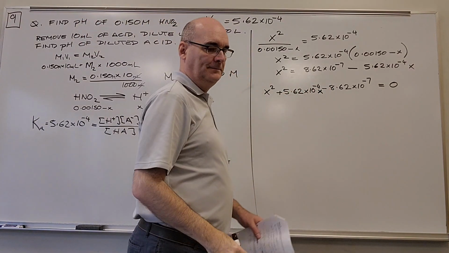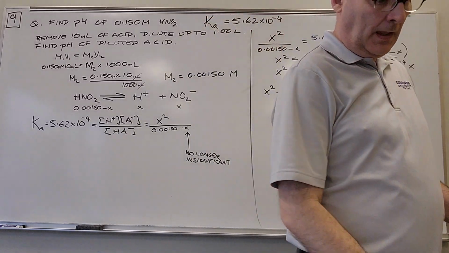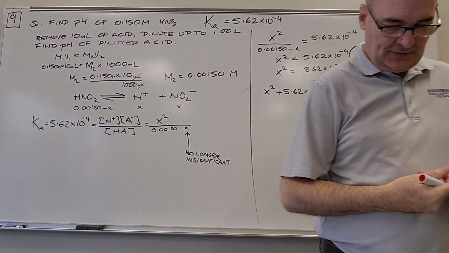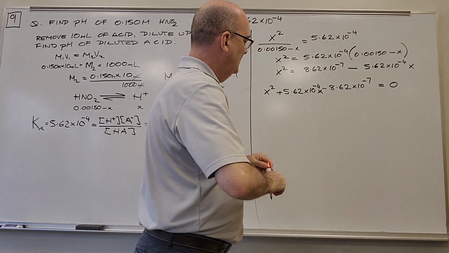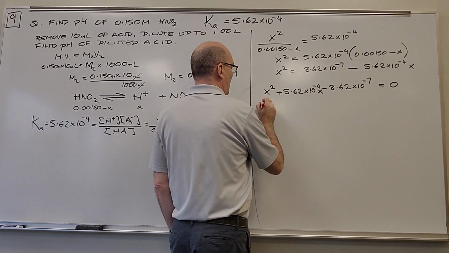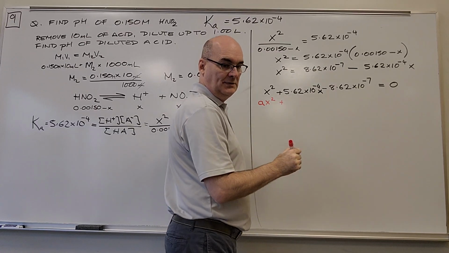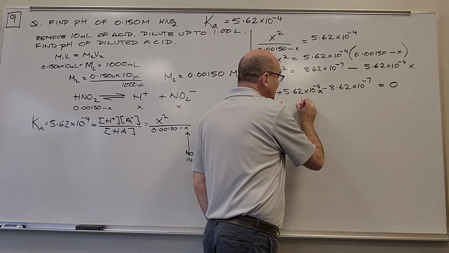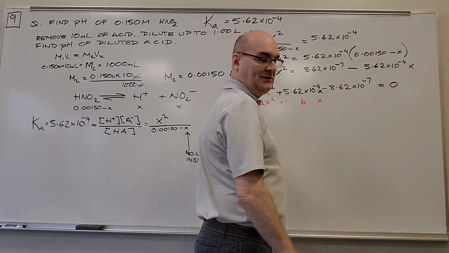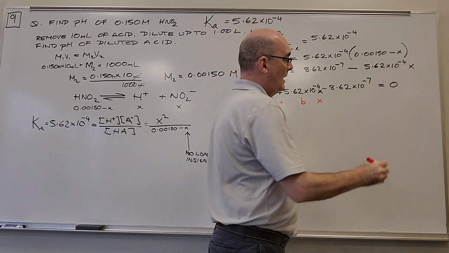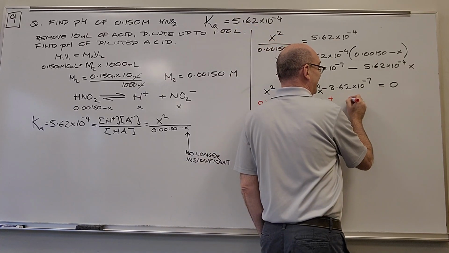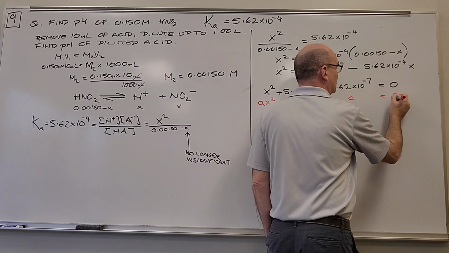So we want this to follow a x squared plus b number of x's plus c equals 0.